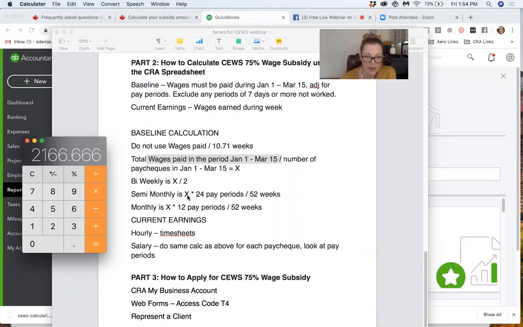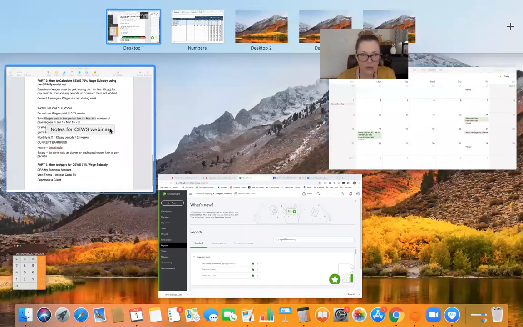So then for semi-monthly, go X times 24 pay periods, which gets you the annual average pay, divide by 52 weeks, which gets you the weekly average pay. Times 24 divided by 52, 999.999. So $1,000 per week, which, aren't we happy, because now we got the same result that we did with bi-weekly, which is what we've been trying to do from the start.